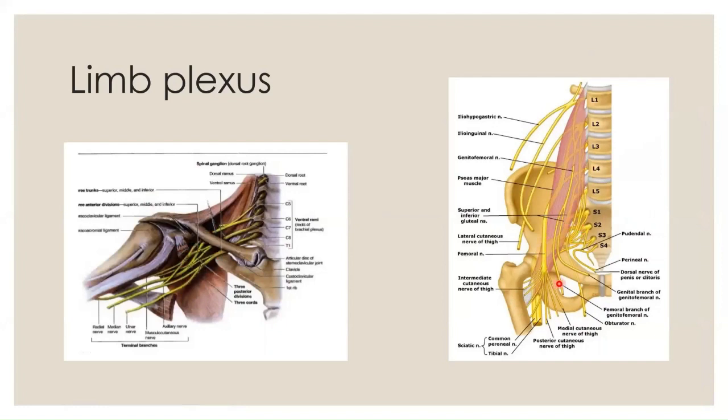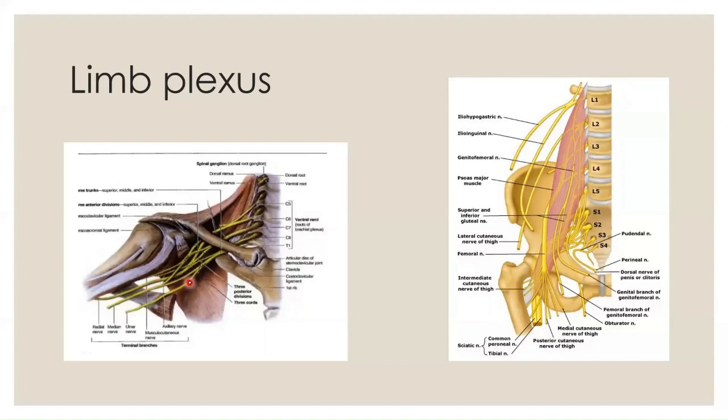And in the pelvic area, you have the lumbar plexus. So the brachial plexus is formed from C5 nerve root to T1 nerve root. So the anterior rami get together and form a network and give off nerves to supply the upper arm.